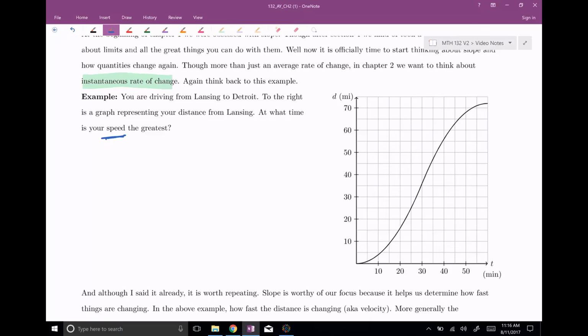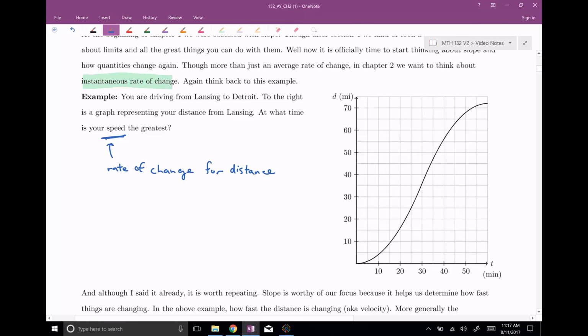Well, again, my speed is a rate of change for distance. And rate of change, we've talked about average rate of change. We're going to be talking about instantaneous rate of change. So this is really talking about some slope.